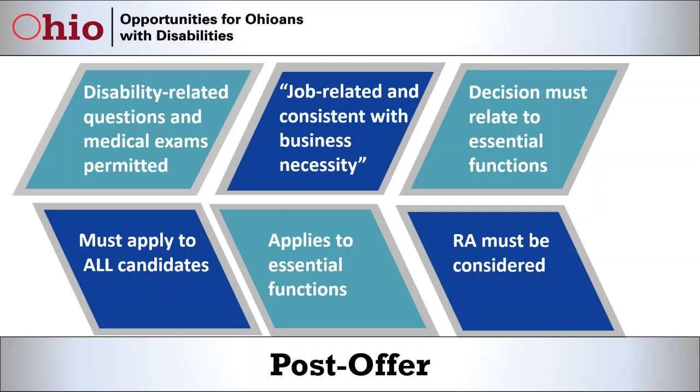Okay, Julie, so the hiring process can be used to identify candidates who are capable of performing a job's essential functions. When an employee has begun a job, what can the employer do if that employee is not able to perform an essential function as indicated on their job description?